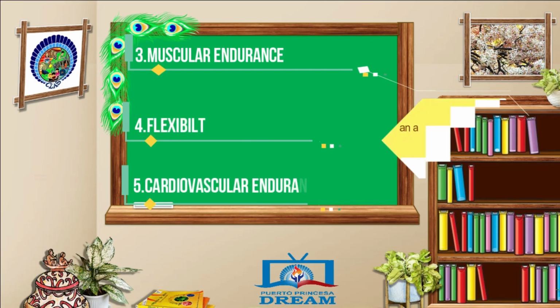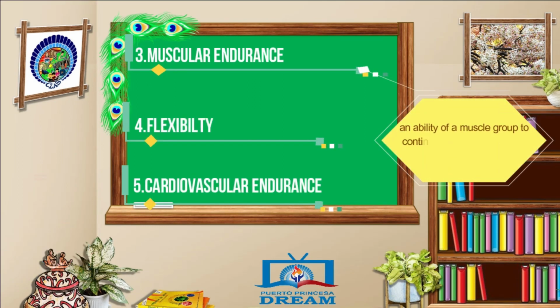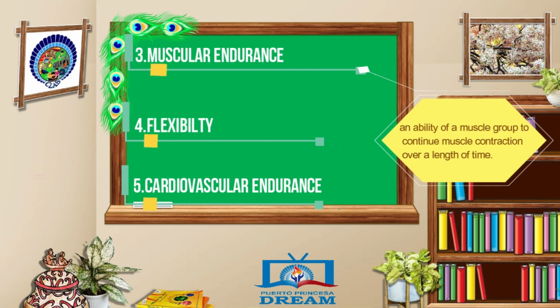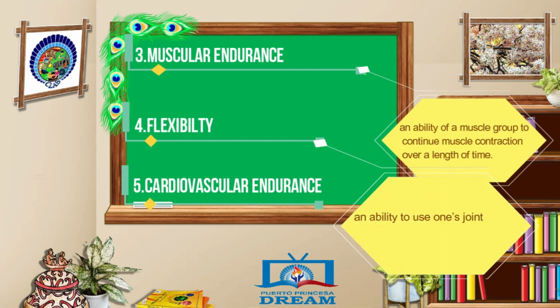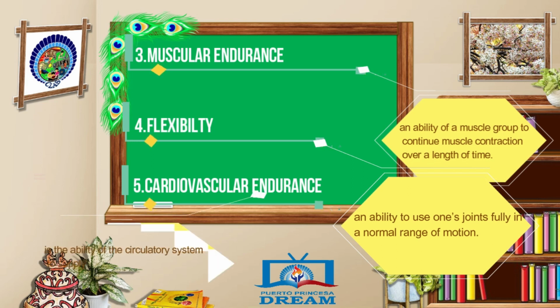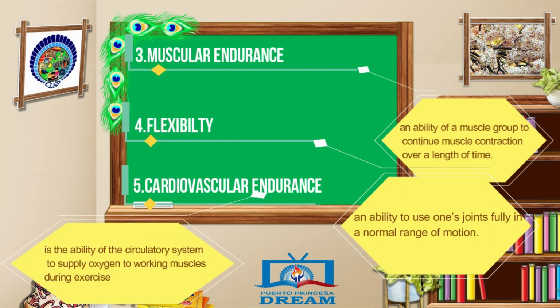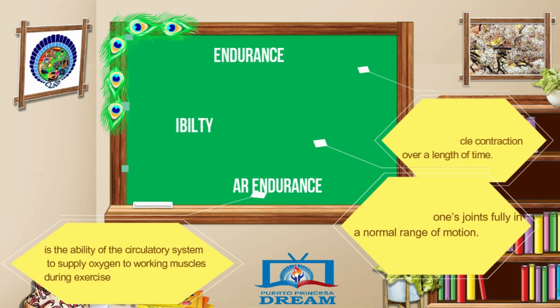An ability of a muscle group to continue muscle contraction over a length of time. Number 4, flexibility. An ability to use one's joints fully in a normal range of motion. Cardiovascular endurance is the ability of the circulatory system to supply oxygen to working muscles during exercise.